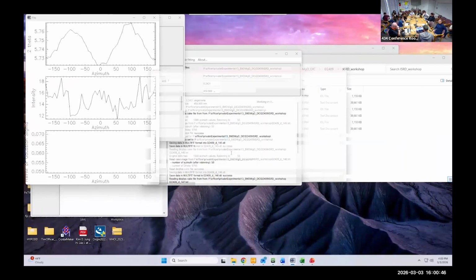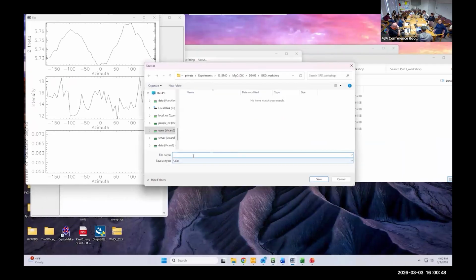So take the results in here and I'll call it... I usually put down that it was like image 145 that I took it from, and the HKL.